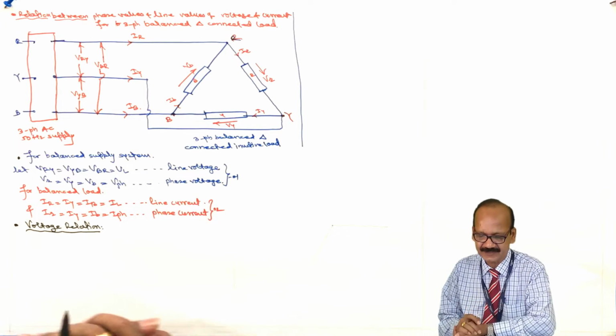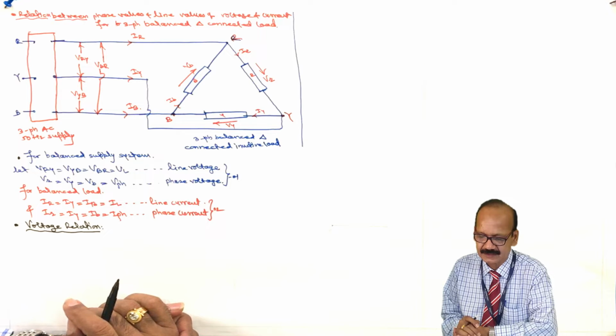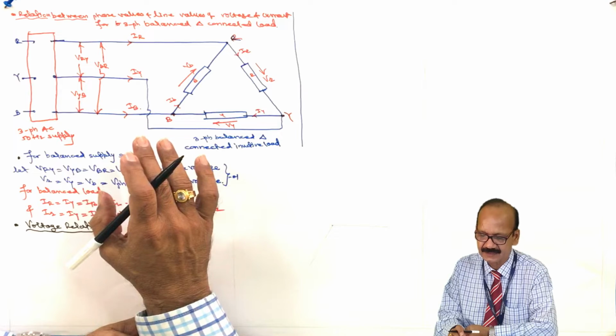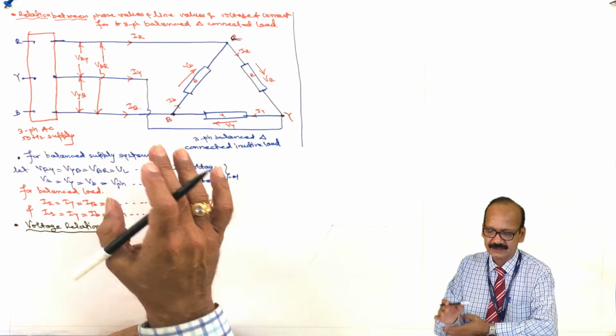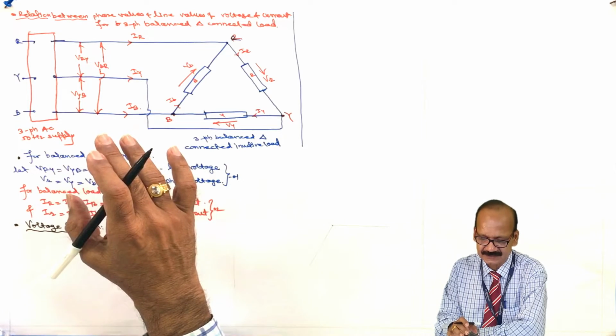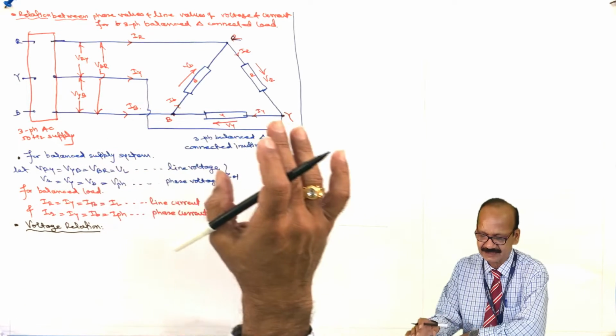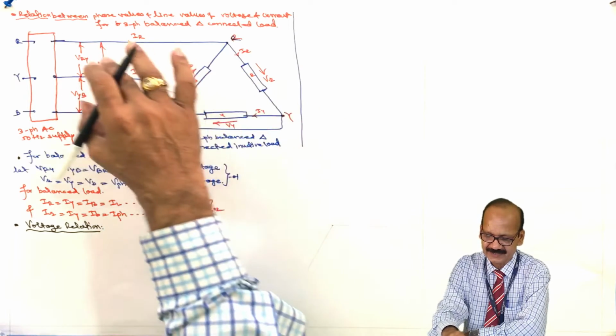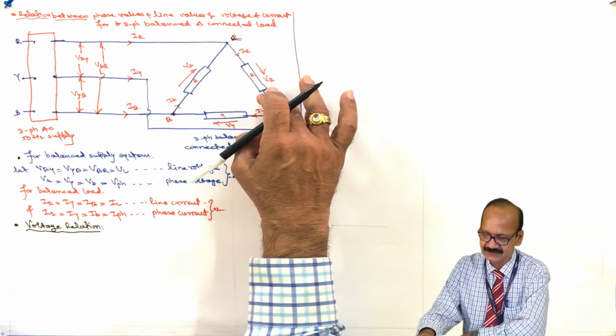If you observe the circuit diagram carefully, the voltage across a pair of lines is the same as that of the respective load, as a pair of lines is connected across the respective load.